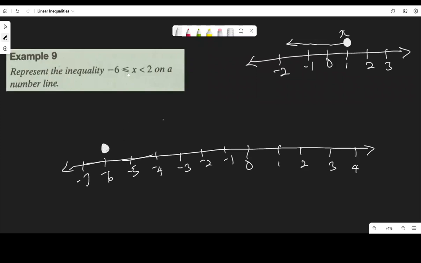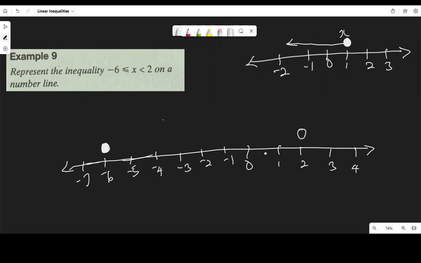Now, when it is only less than or only greater than, just draw an ordinary circle. Do not paint. Painting here implies that the number you are painting on satisfies that inequality. That number is included in the range of answers that satisfies that inequality. So we're going to paint this negative 6, and then the next value there is 2.